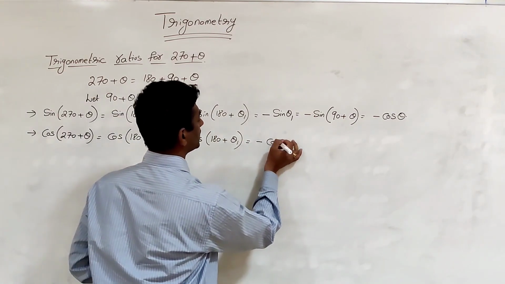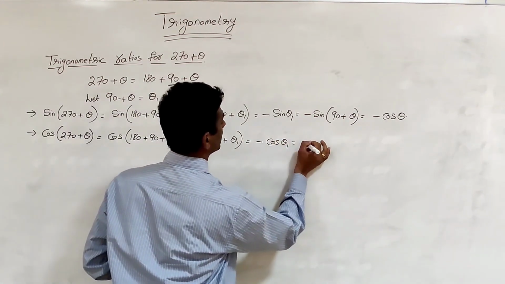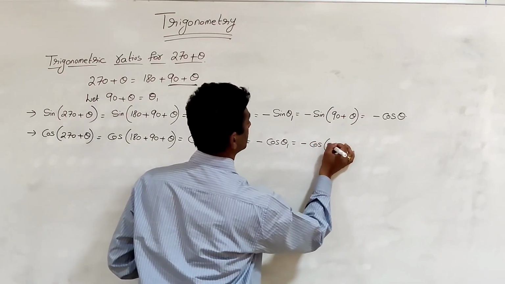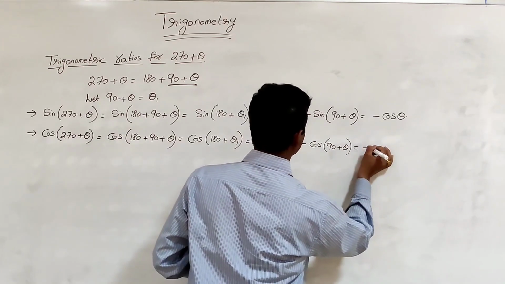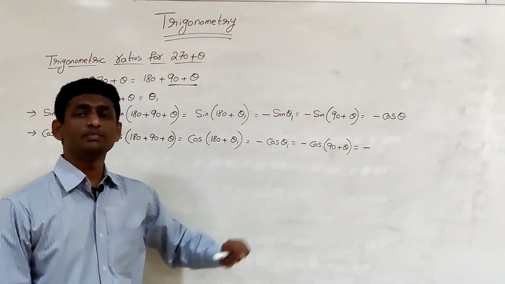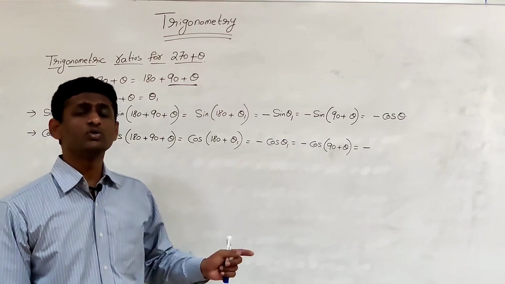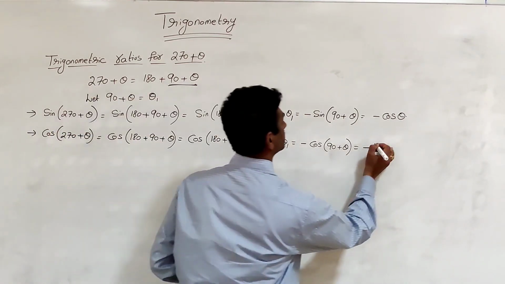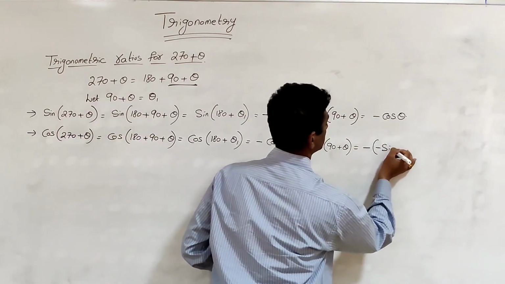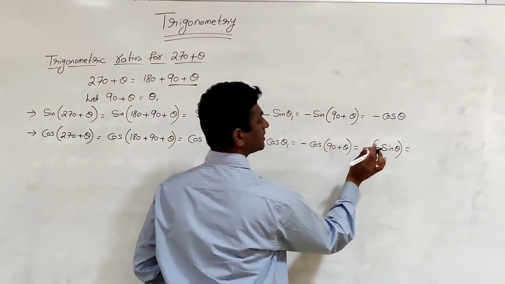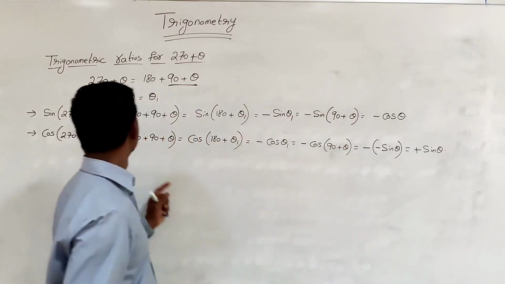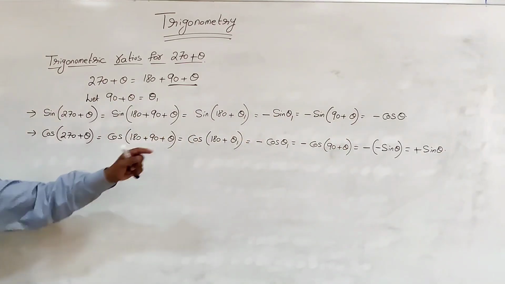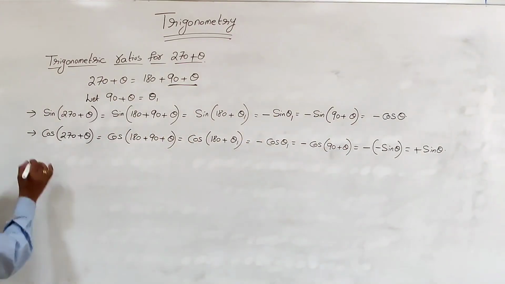So it will be minus cos theta 1, that is minus cos of 90 plus theta. Cos of 90 plus theta gives minus sin theta. But minus of minus becomes positive, so it will be plus sin theta. So cos of 270 plus theta will be plus sin theta.